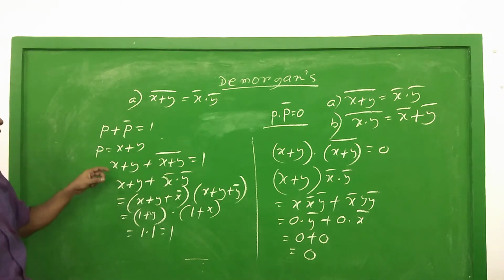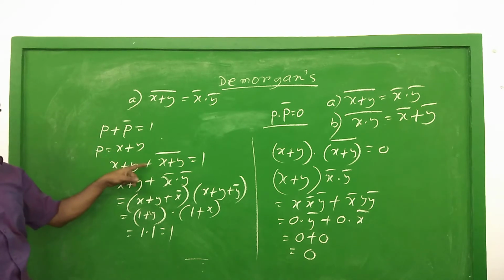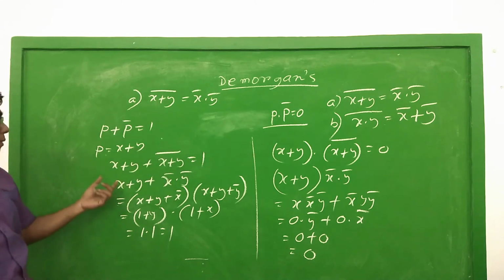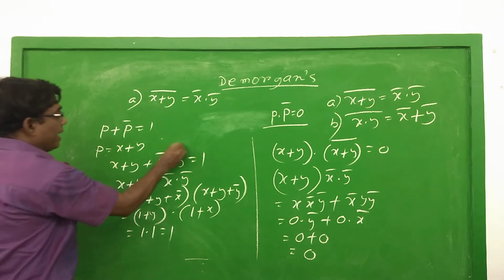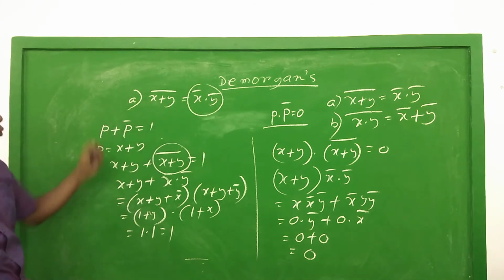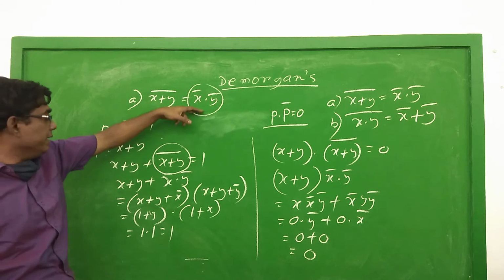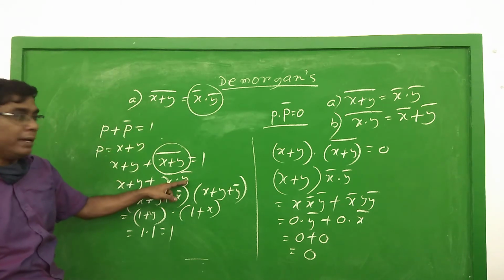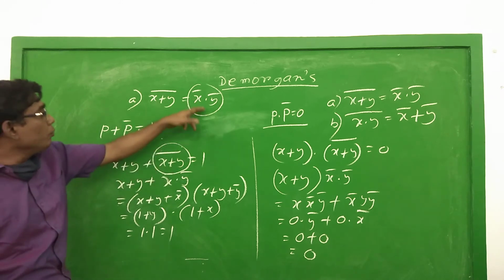So we replace P by x or y: x or y or the whole complement of x or y equal to 1. Now we replace this with this, and we have to prove 1. Then we only have to prove that this equals this: x or y or x complement and y complement.